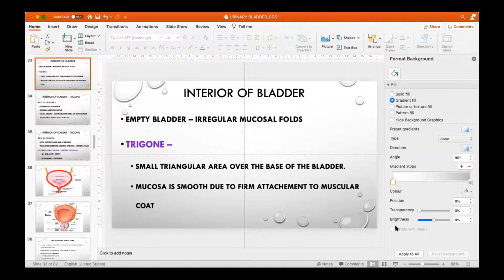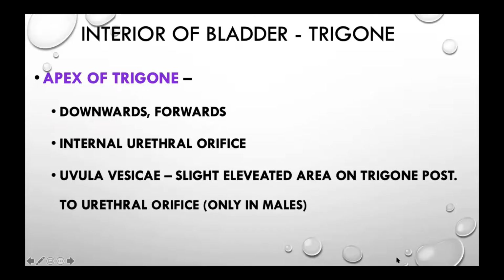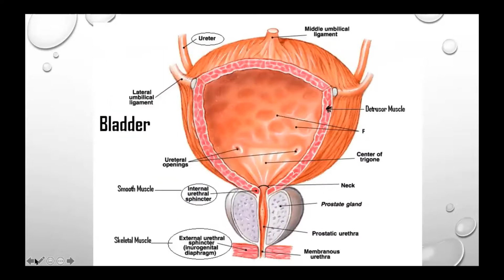So the trigone is a small triangular area on the base of the bladder. In this picture you can clearly see this particular part of the trigone doesn't have any mucosal folds, unlike the other surfaces of the urinary bladder, which have continuous mucosal folds.